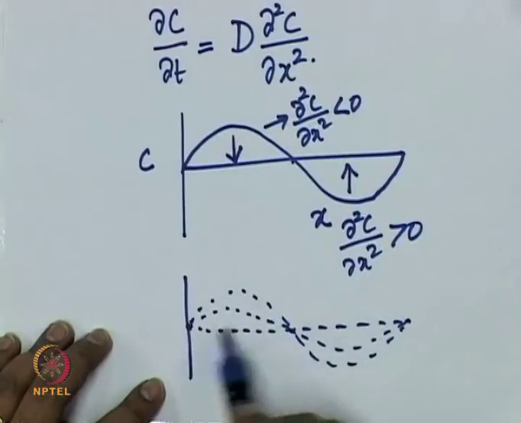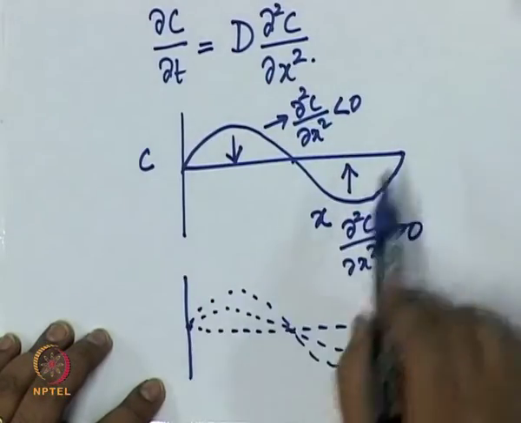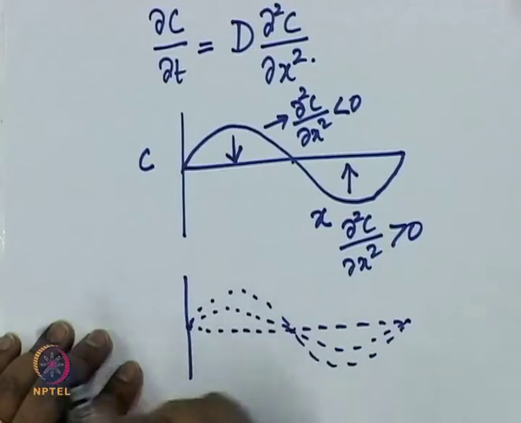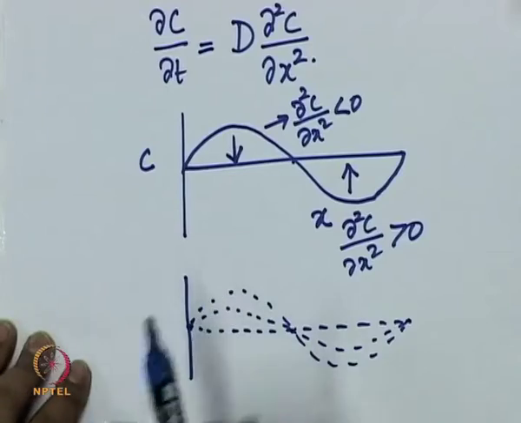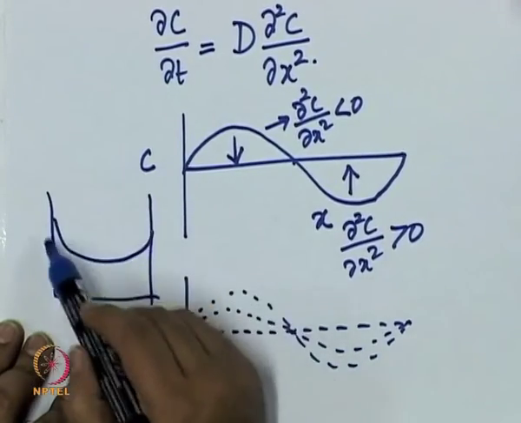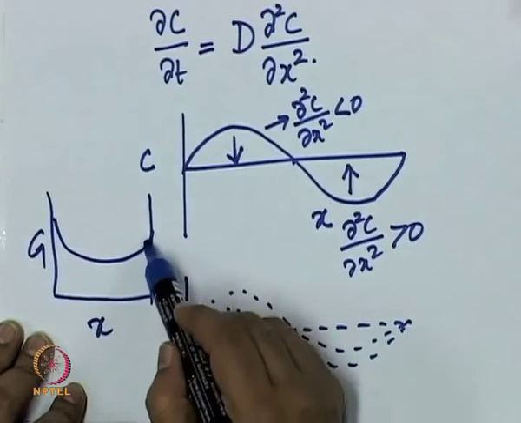They will get evened out provided your diffusivity is a positive constant, because if it changes sign then the solution will change. Assuming that diffusivity is a positive constant, this diffusion equation is actually telling you that compositional fluctuations, if you have, they will all get evened out. Remember, in the earlier case when we discussed, there is only one case, namely when you have free energy versus composition curve which is like this.